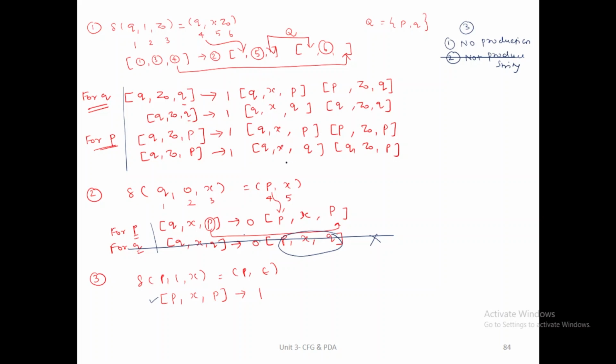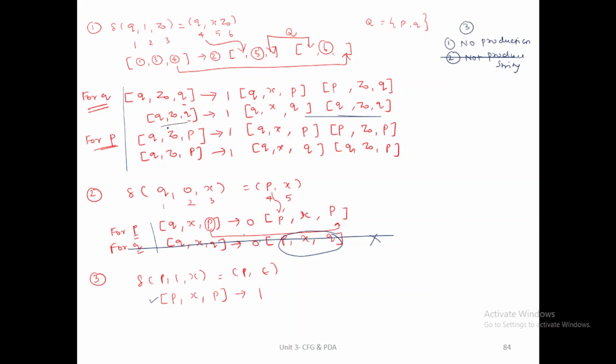For example, here QZ0Q, there is no QZ0Q at the right side. Here QZ0Q is available. Here also QZ0Q is available. So this left side variable is repeated at the right side.